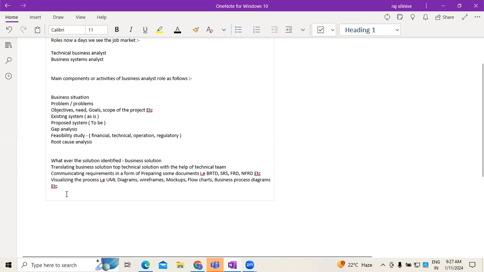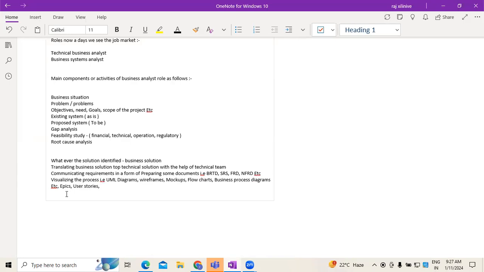When we follow an agile environment, apart from the traditional practices of application development, we write epics and we write user stories.